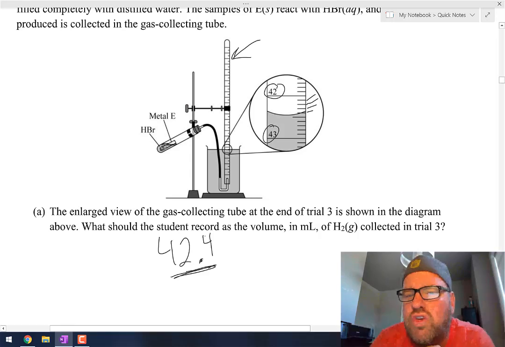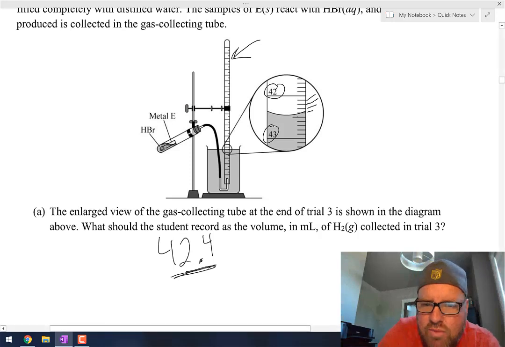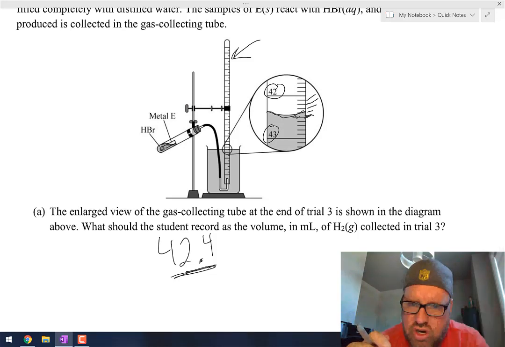Is it 42.45? Is it 42.46? Again, it doesn't matter. You just have to put another number. What if that line was right on? What if that curve came all the way down to here and it was right on this line right here? Well, then you would say 42.50, because the 42.5 is sure, and then I think it's 42.50.